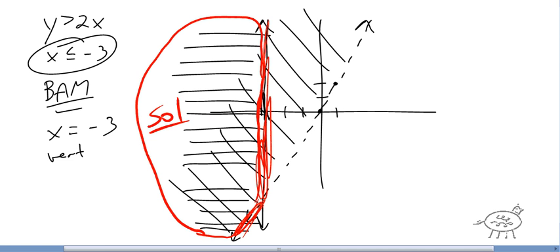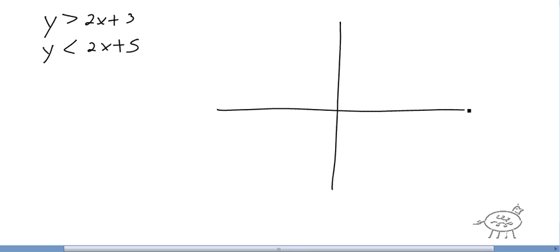Okay, so let's try another one here. y is greater than 2x plus 3, and y is less than 2x plus 5. Okay, so let's graph this.